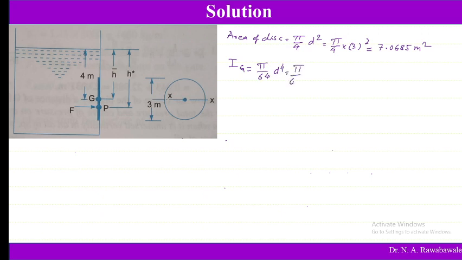Pi divided by 64 into d, which is 3, to the power of 4.